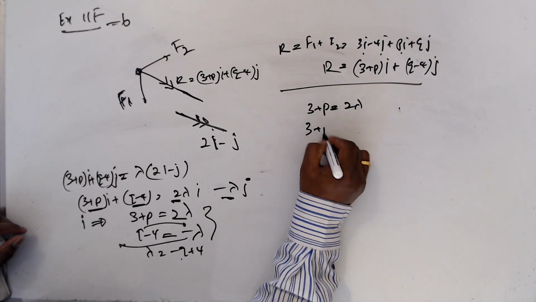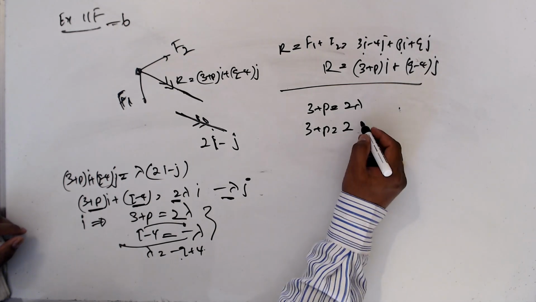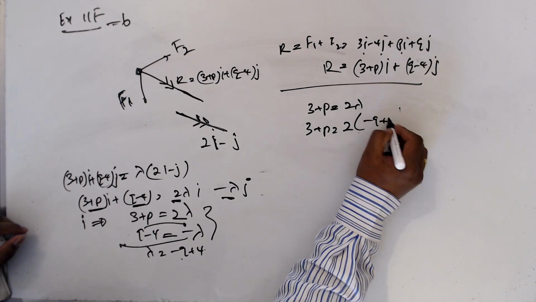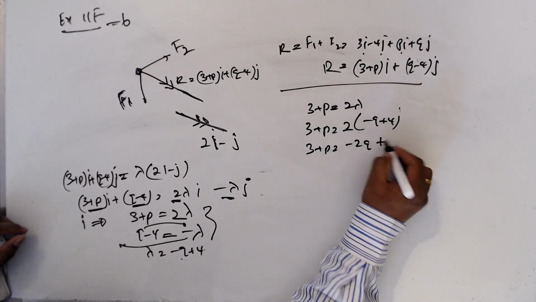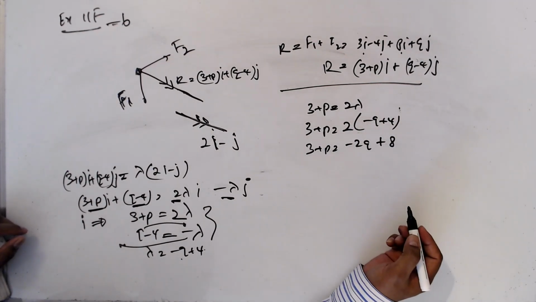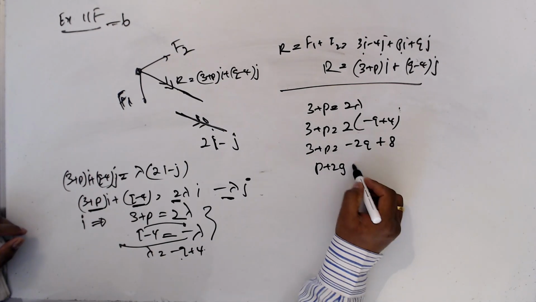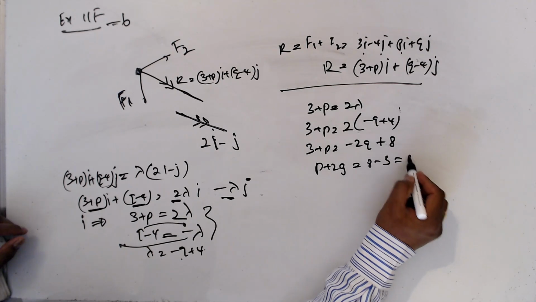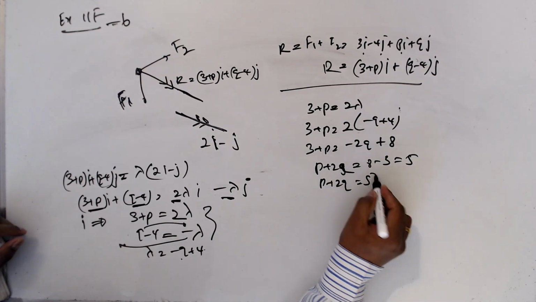Then in 3 plus p equals 2 lambda, I substitute this one here: 2 times minus q plus 4. So 3 plus p equals minus 2q plus 8. Then p plus 2q equals 8 minus 3, which is 5. So p plus 2q equals 5.